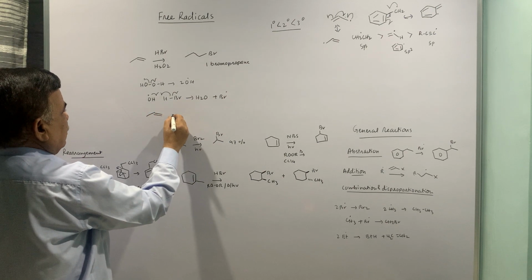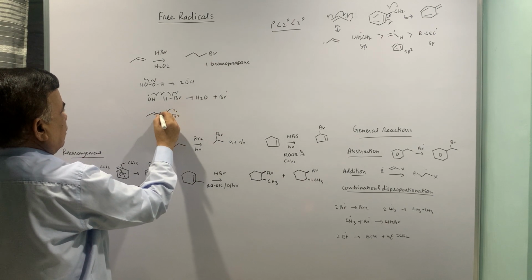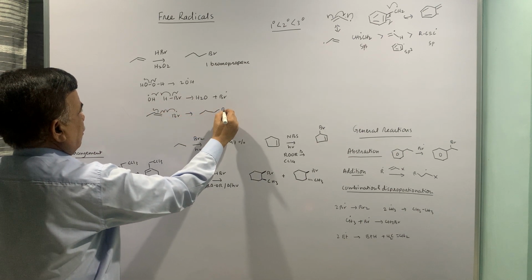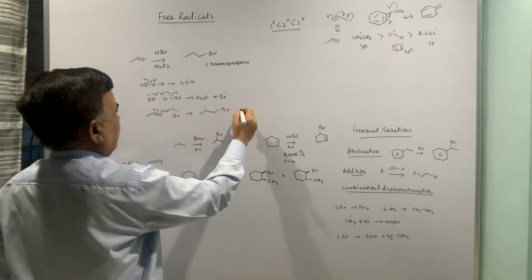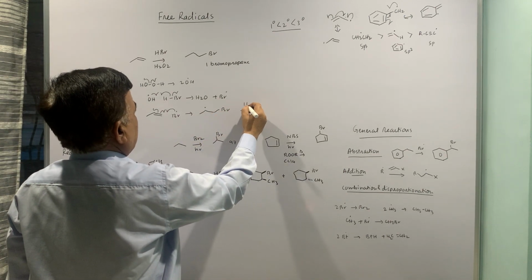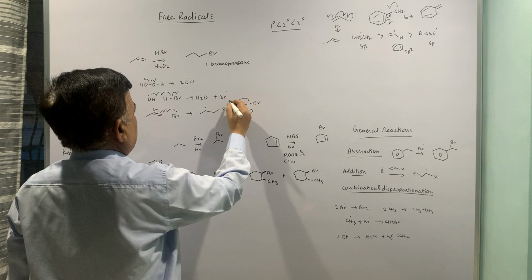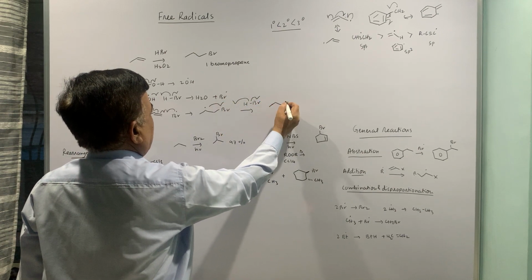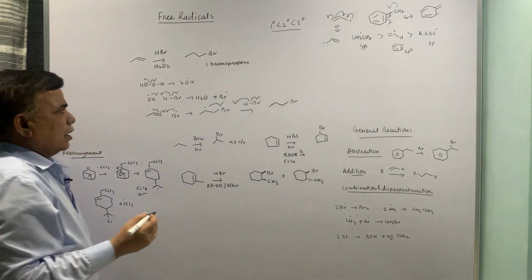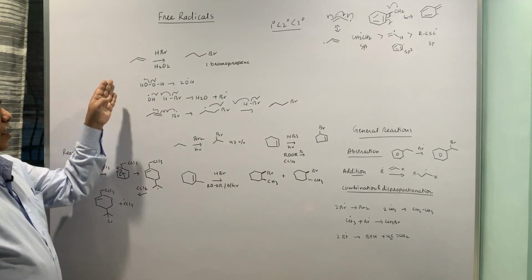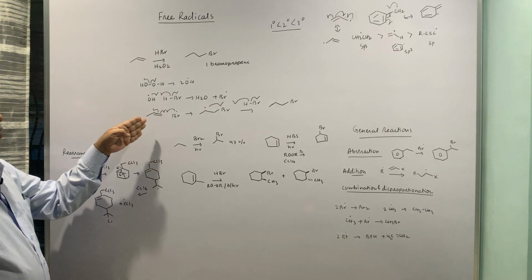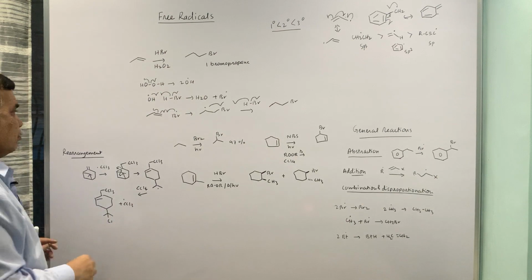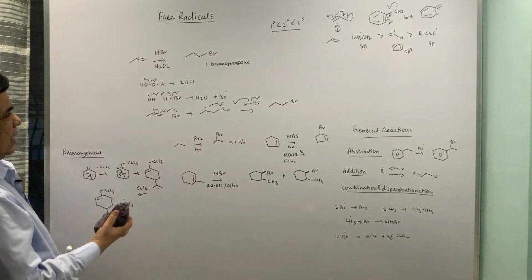Now this interacts with the alkene, and finally this has to take a proton from HBr. So you get this. So chain initiation, propagation, and finally you can terminate the reaction. So that is how the chain reaction goes.